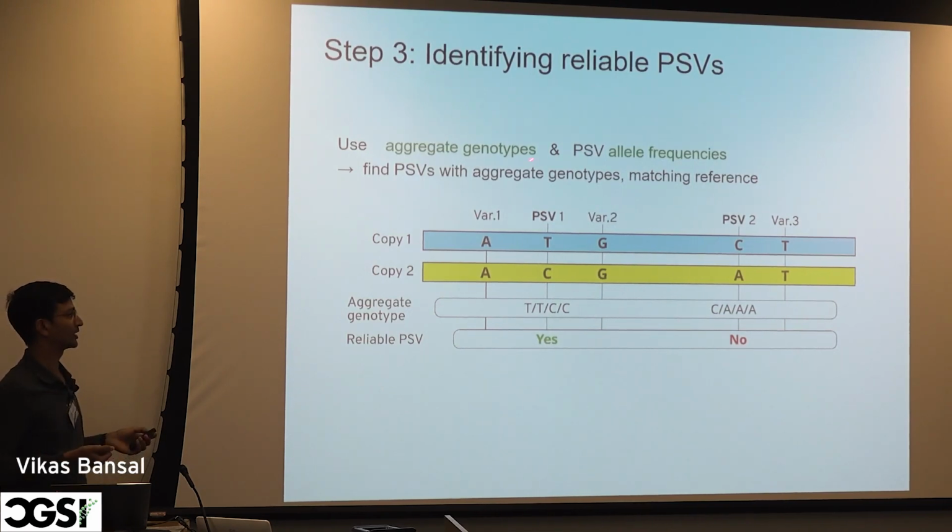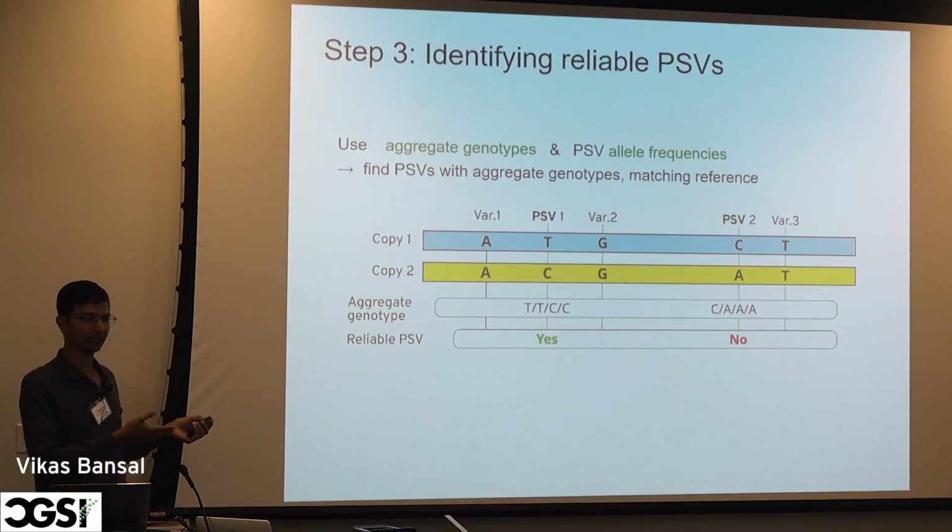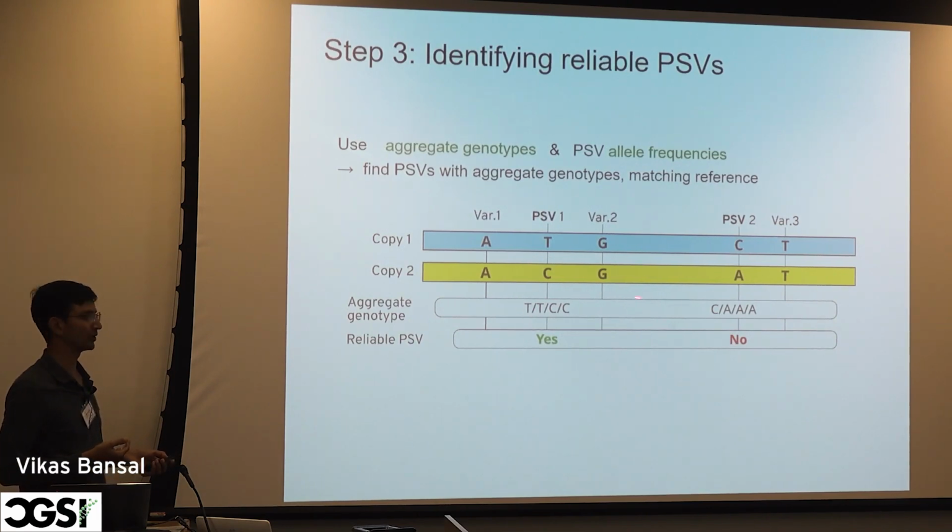Well, there are two criteria. One is that in the individual that we are looking at, the aggregate genotype for that PSV should match the reference genotype. In this case, the aggregate genotype is two T alleles and two C alleles, and this matches the reference genome because in the reference genome you expect 2 copies of T and 2 copies of C.